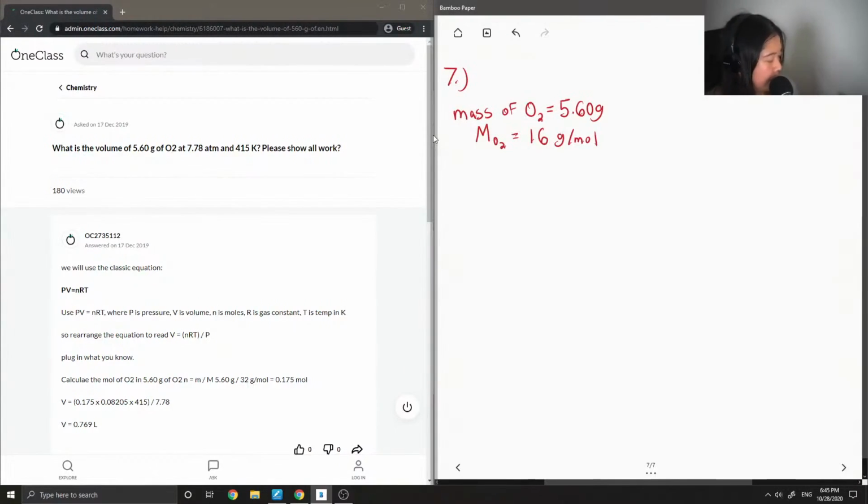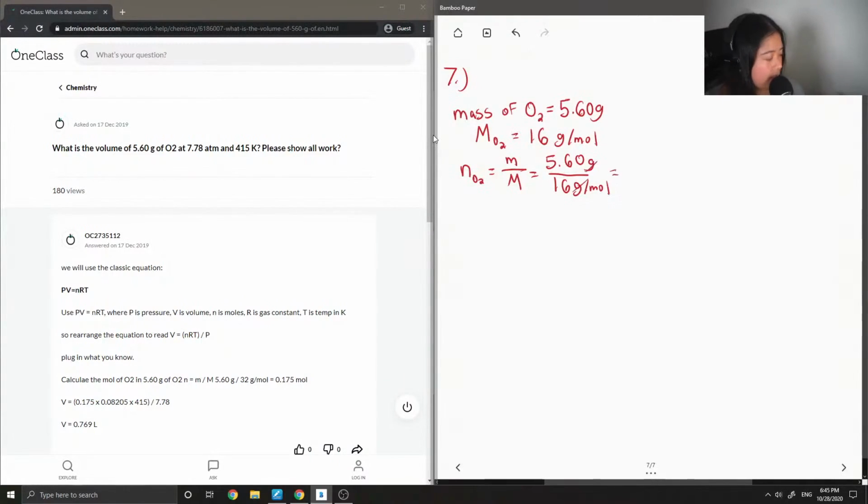And it's always good practice to just calculate the number of moles from there so that everything is in order. So to calculate number of moles, it's going to be the mass over the molar mass. So plugging those values in, 5.6 divided by 16 grams per mole.